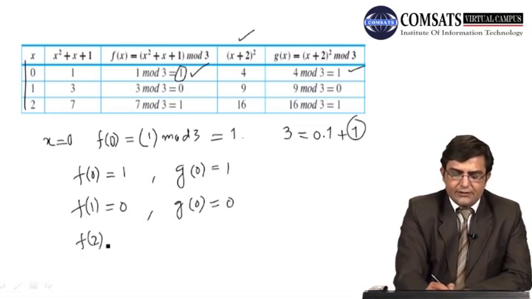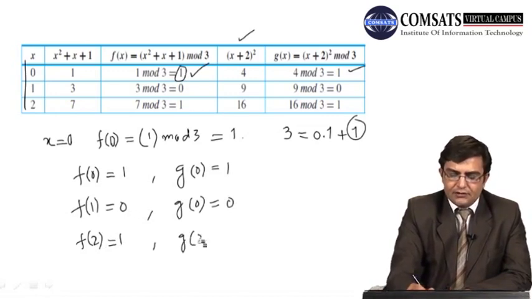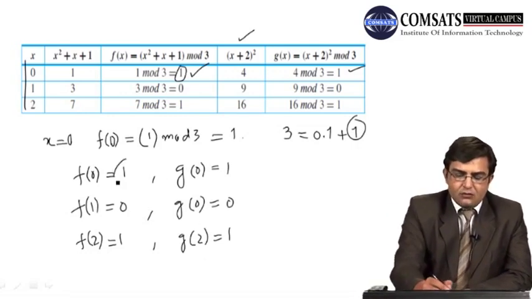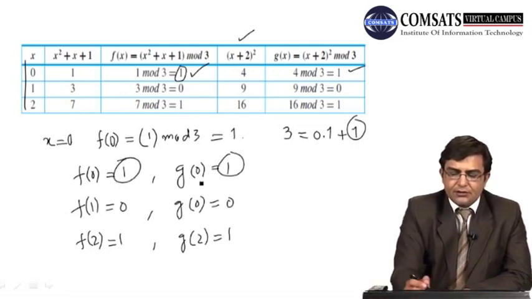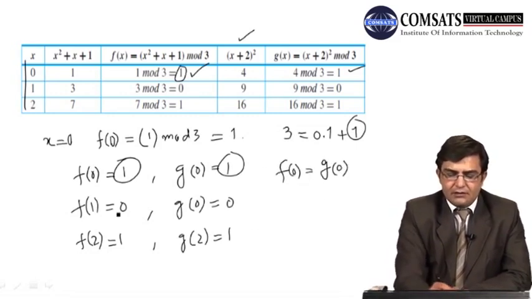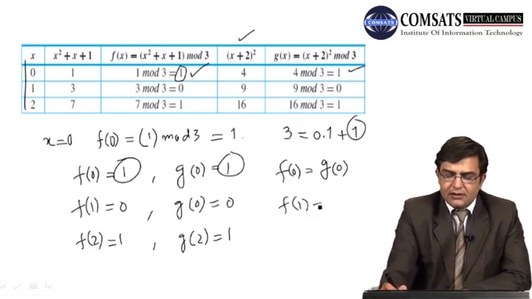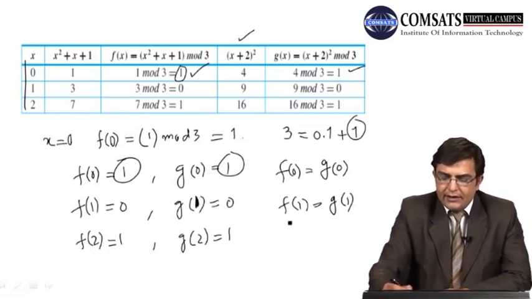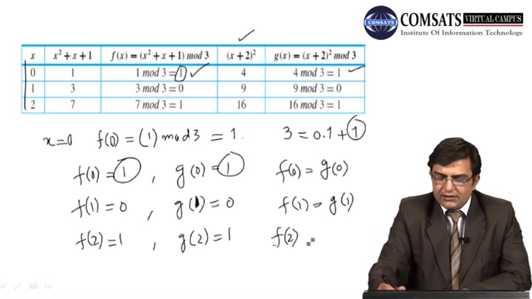F of 2 is 1, and g of 2 is also 1. Now we can check: 1 is equal to 1, meaning f of 0 is equal to g of 0. We can check that f of 1 is equal to g of 1, and f of 2 is equal to g of 2.